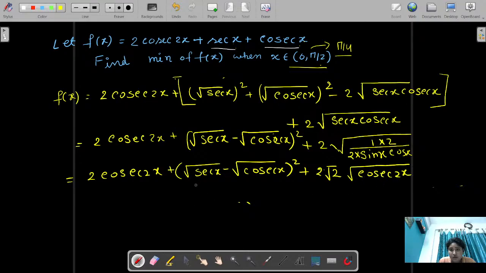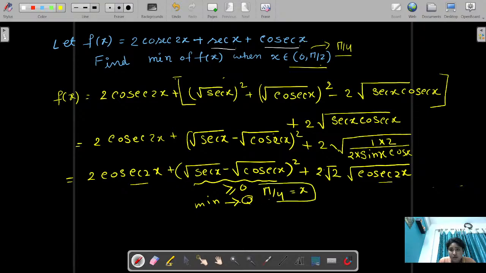Now we know as this is a whole square, the value of this is always greater than or equal to 0. So minimum value is 0. Okay, the minimum value of this is 0. And these two are cosec 2x. Okay, so I can see I can get 0 at pi by 4, when x is equal to pi by 4.